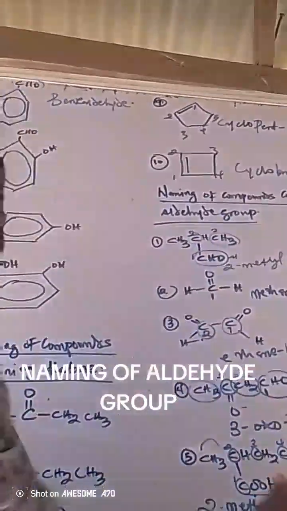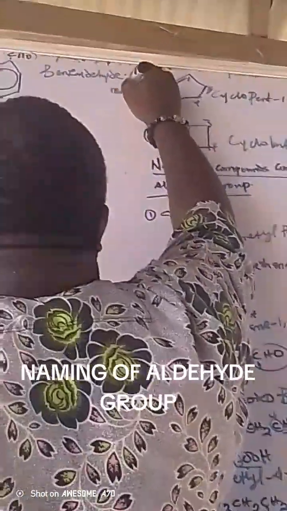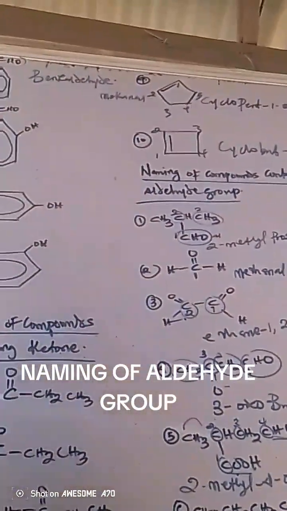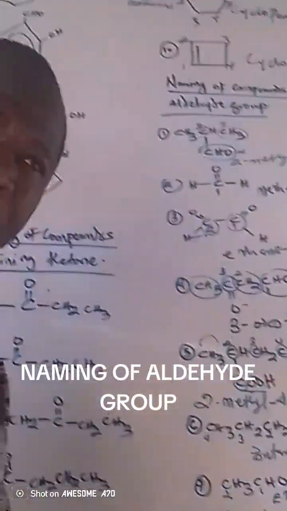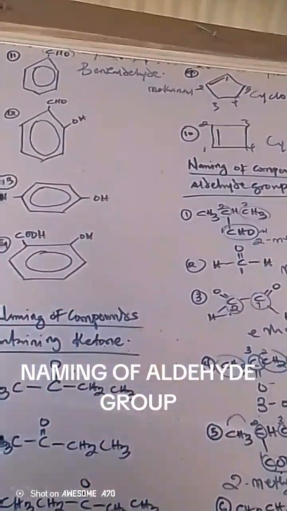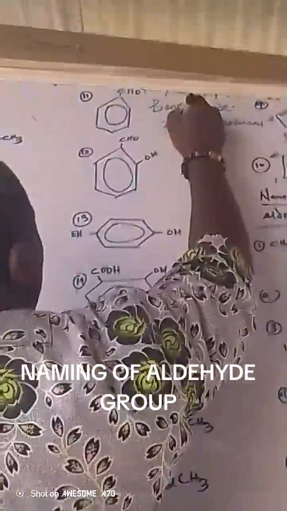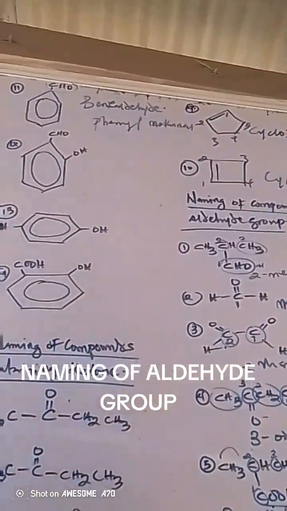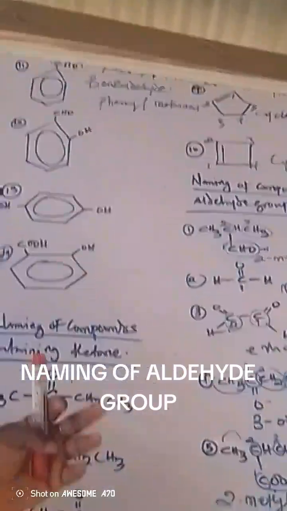If I write it with the prefix for benzene, what is the prefix for benzene? Phenyl, because that is the reduced form of benzene. So we have phenylmethanol. Benzaldehyde and this are not the same thing.